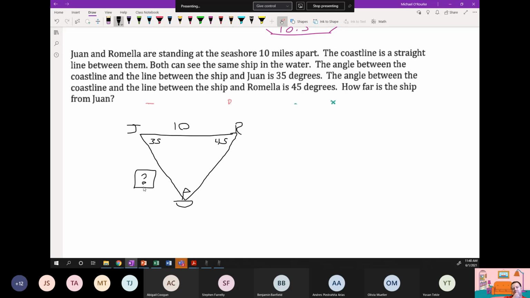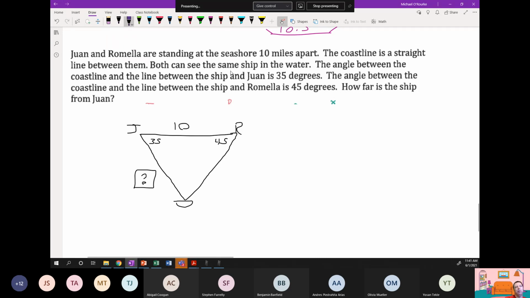Okay, that's pretty good. Is there a piece of information in this triangle that we could find? Good, the missing angle.